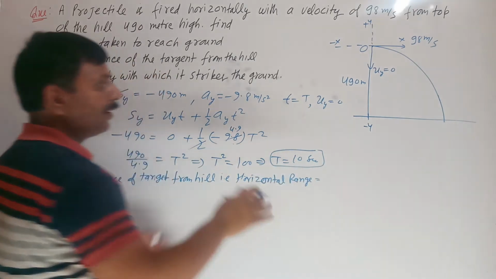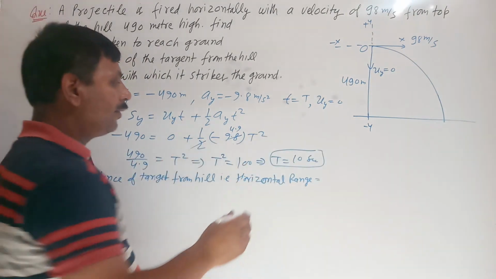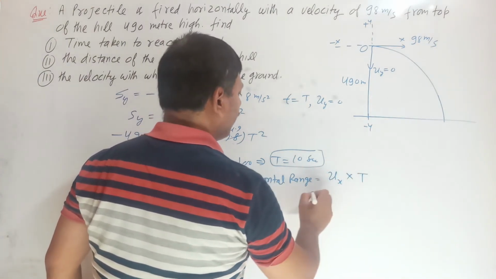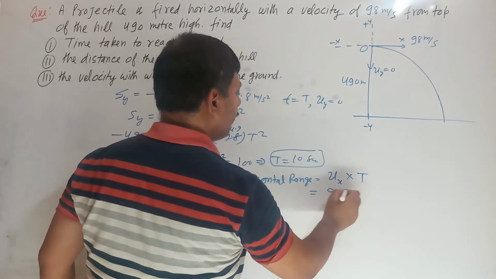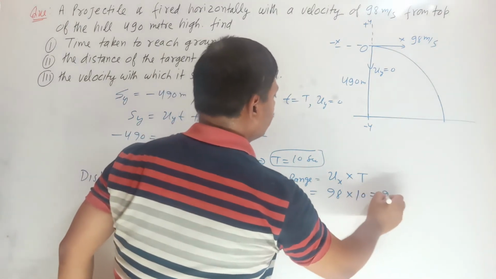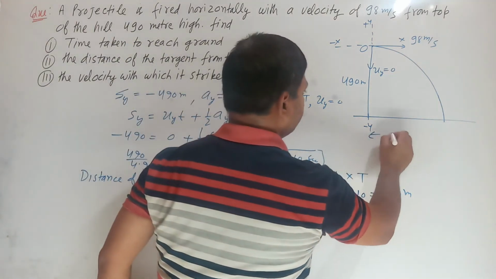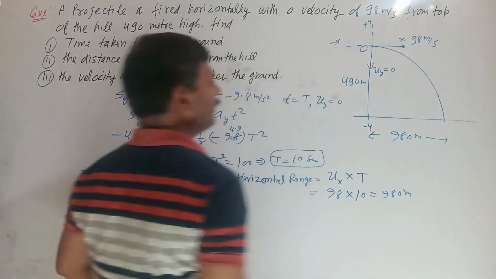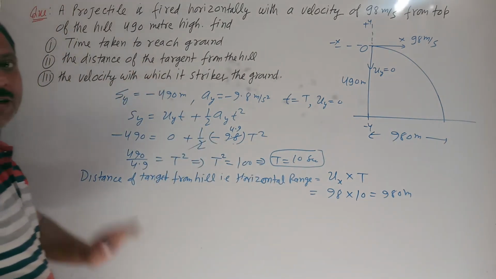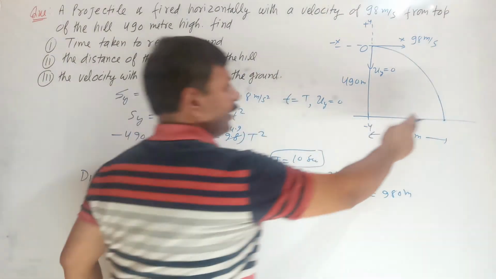Because the horizontal velocity is the same at every point, the horizontal range is horizontal velocity into time of flight. Horizontal velocity is 98, time of flight is 10 seconds, so that is 980 meters where it strikes the ground. And then the velocity with which it strikes the ground.